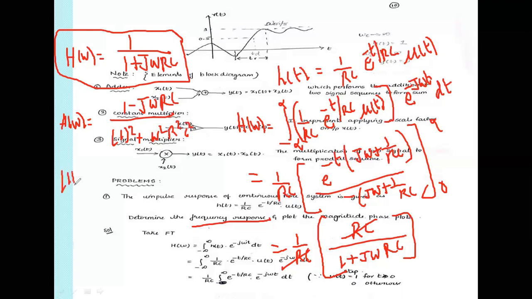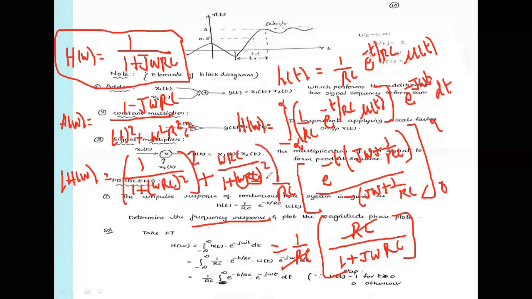So the magnitude of H of omega is equal to the under root of 1 by 1 plus omega RC whole square, plus omega RC by 1 plus omega RC whole square, whole square. This is the magnitude.